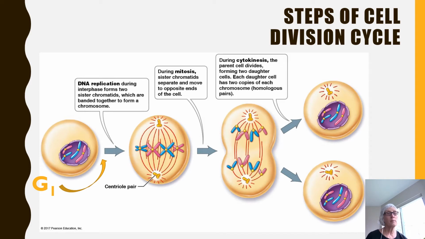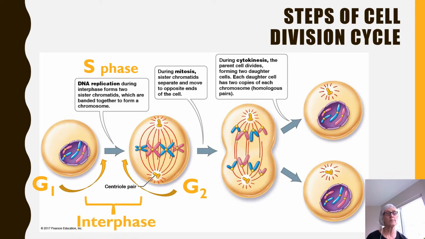If the environment is appropriate for cell division, the DNA will be replicated during S phase. The cell will then enter G2 phase of interphase to determine whether or not the internal environment in the cell is okay for the cell to enter mitosis.